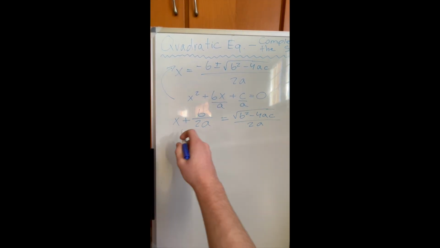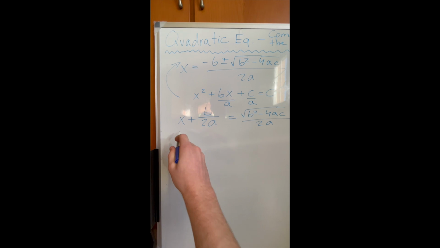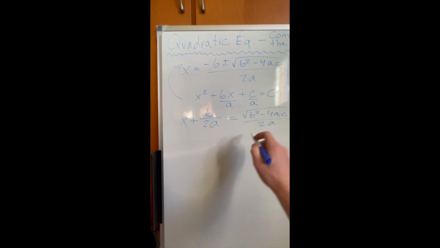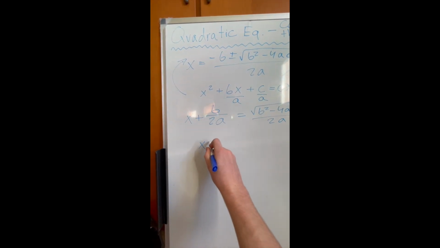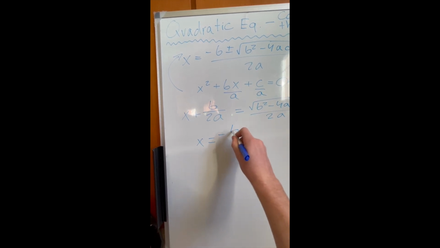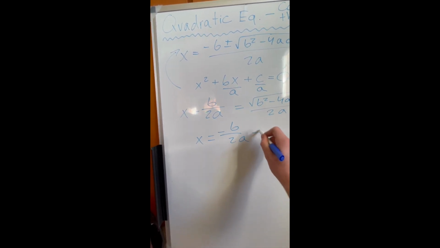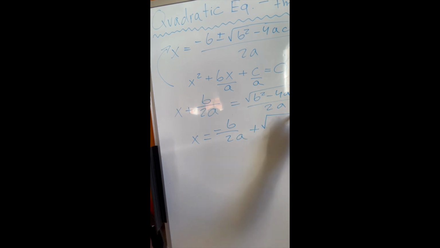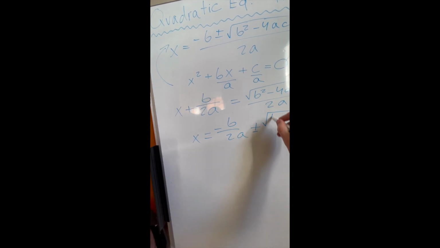So, now that we have this, all we have to do is isolate this x by passing this to the other side as a negative. x is equal to minus b over 2a plus minus, as it's a square root, square root of b squared minus 4ac over 2a.